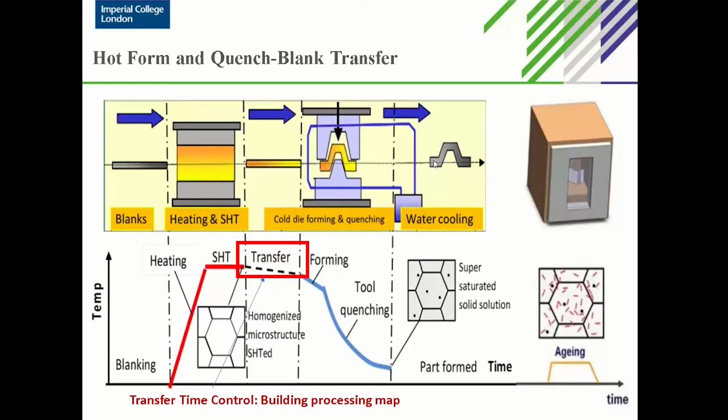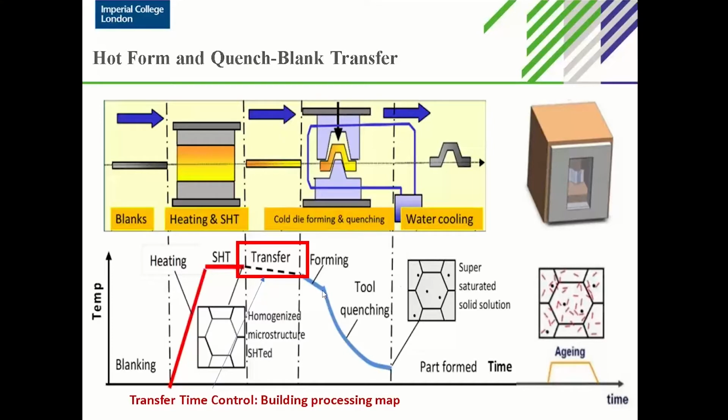After this, the required geometry of the part is achieved, as well as a supersaturated solid solution. The part finally goes into a furnace to enable the age-hardening response and trigger the precipitation process to improve the mechanical properties of the part.